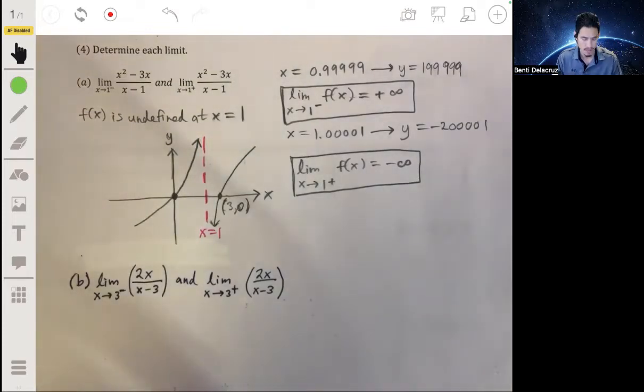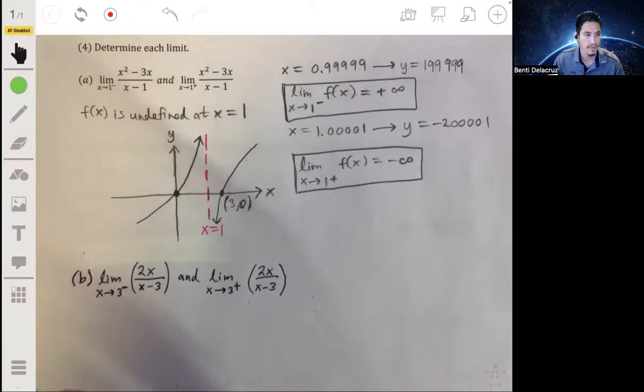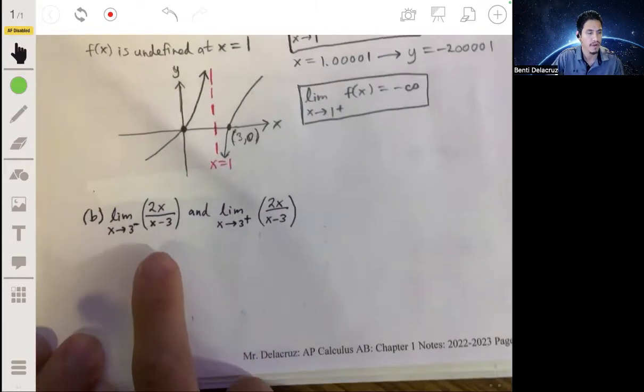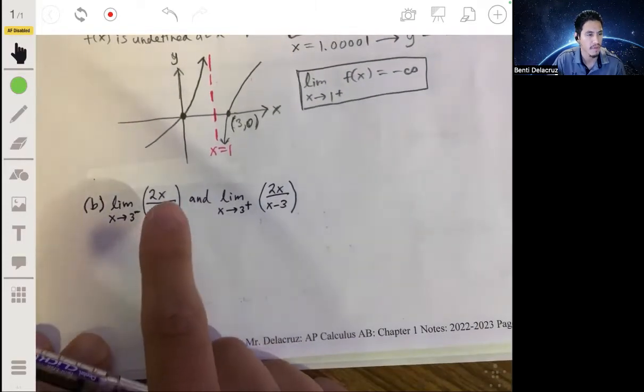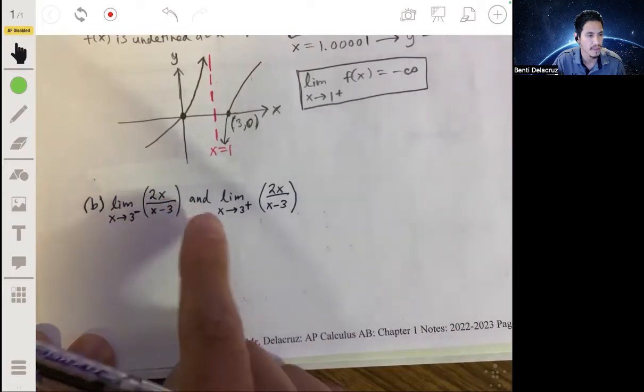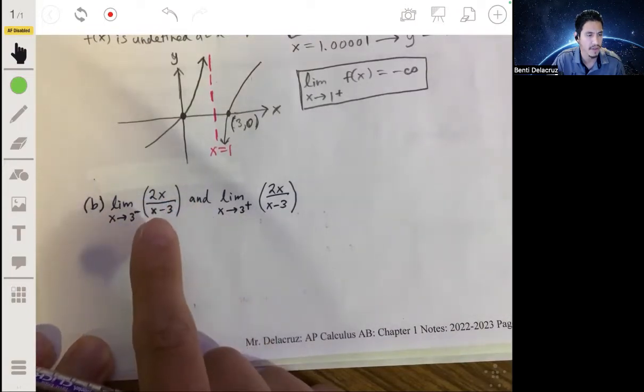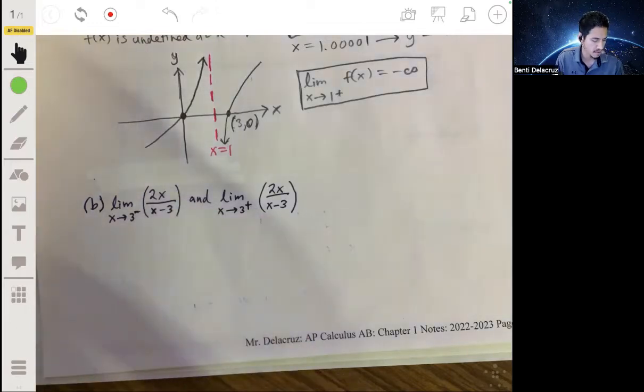All right, let's look at another one. So here we have the limit of 2x over x minus 3 as x approaches 3 from the negative side and from the positive side. Same idea.